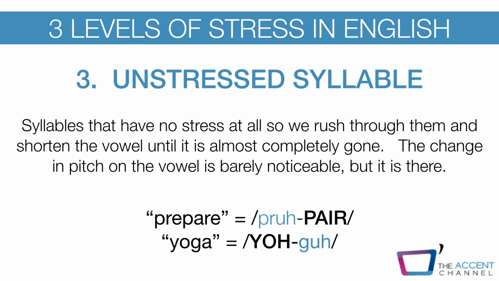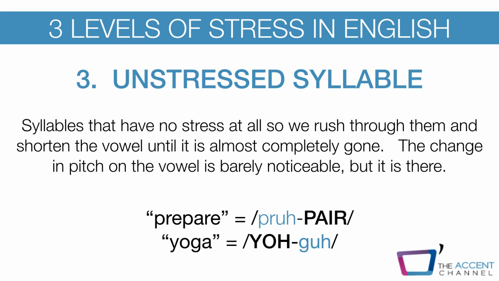When people are used to giving equal stress to every syllable, which is the timing pattern of a lot of other languages, getting people to learn to cut that vowel in the unstressed syllable can really help with the rhythm overall. So the change in pitch on this vowel is there, but it's barely noticeable.